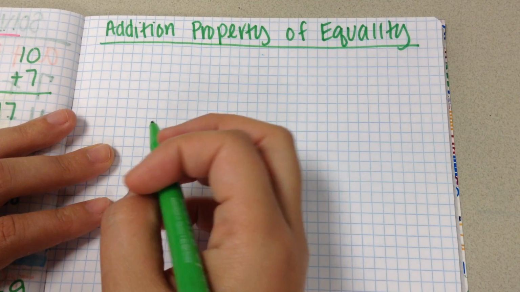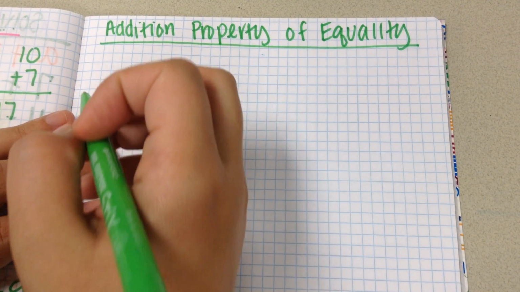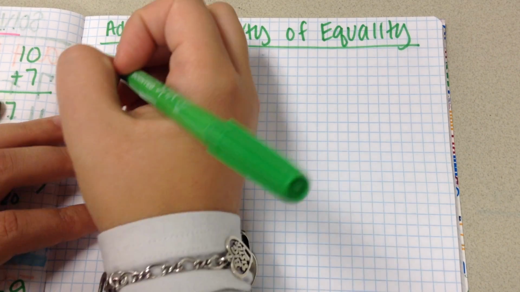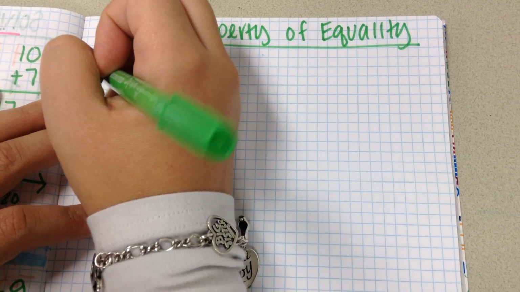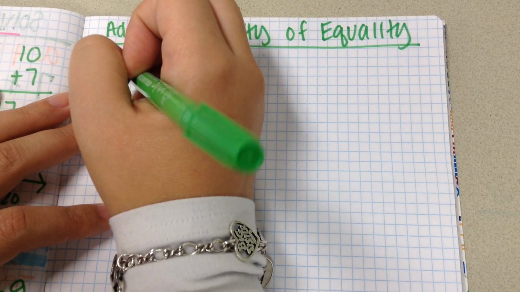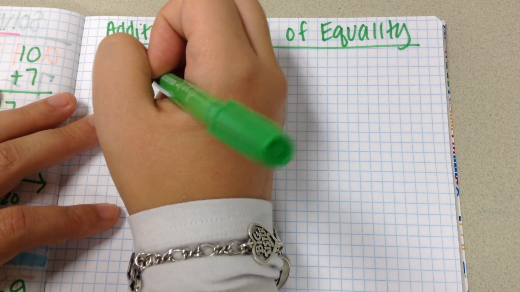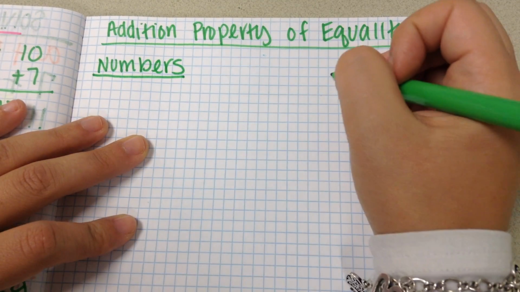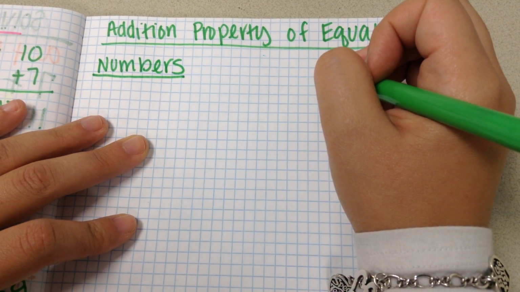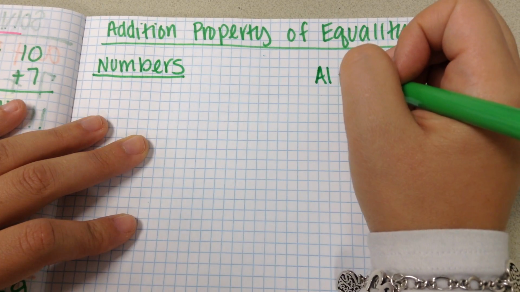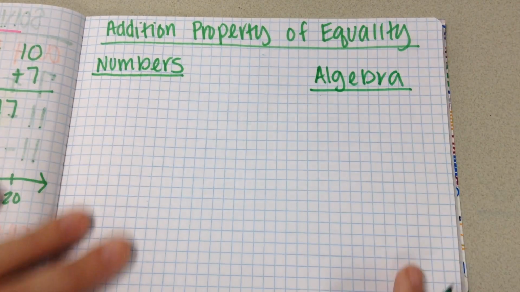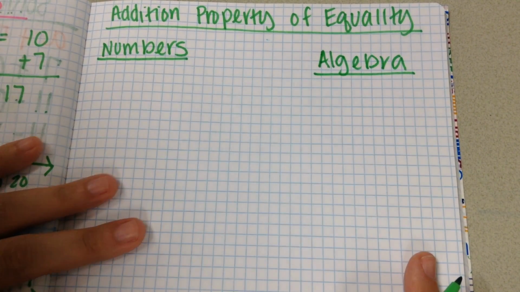One of them is going to be the numbers, and the other one's going to be algebra. So we're going to start with the numbers.